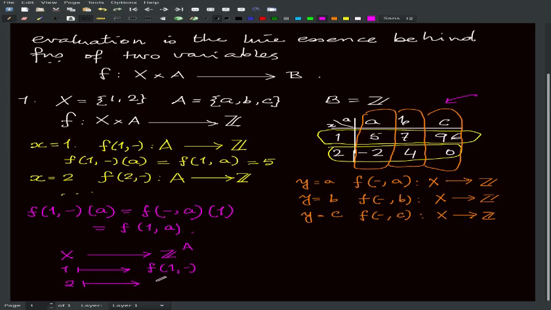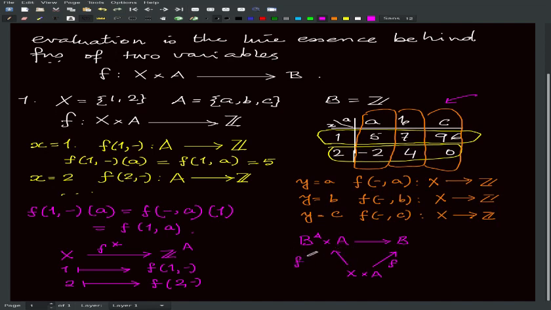And I will take 2 to f2. So this is my function f star. So now you see, you have this evaluation. You had this map, you had this function, and now this is my f star.